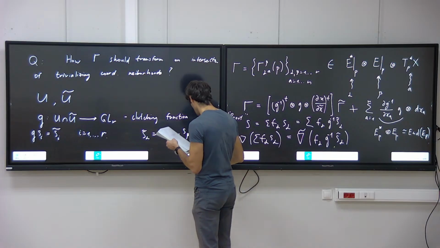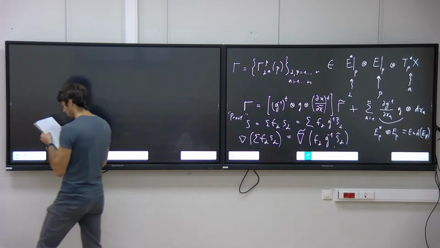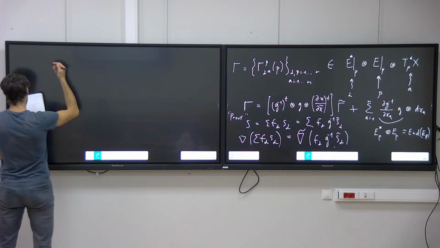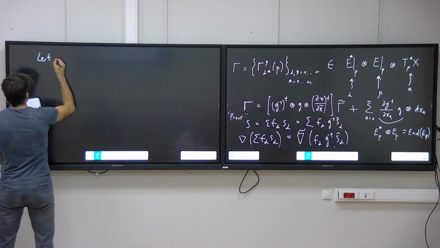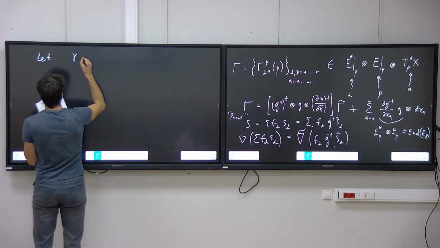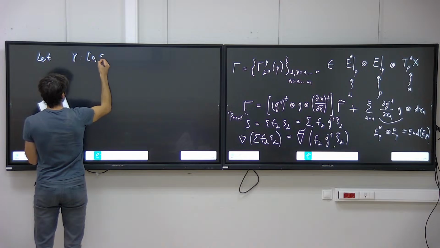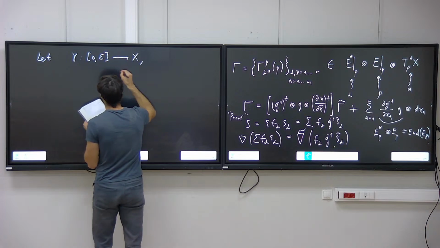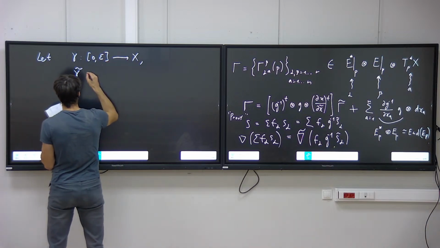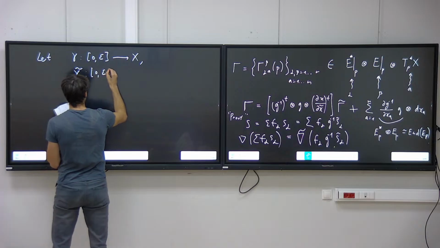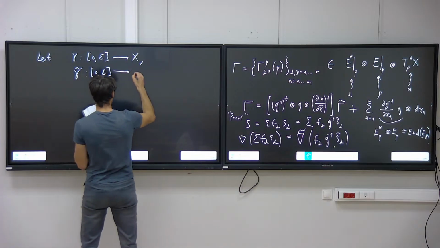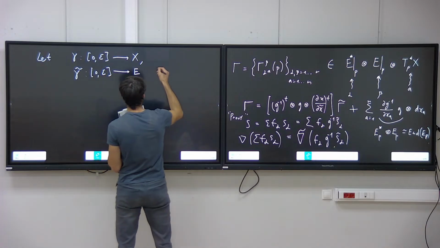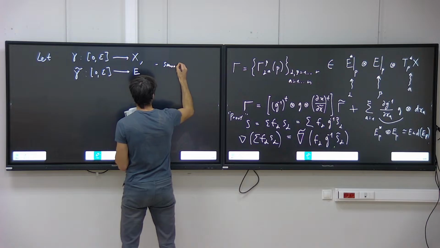So, again, we have a vector bundle over X, and suppose I have two curves. Let gamma from 0 to some positive number epsilon to X, and also gamma tilde, this curve on E. These are smooth curves.